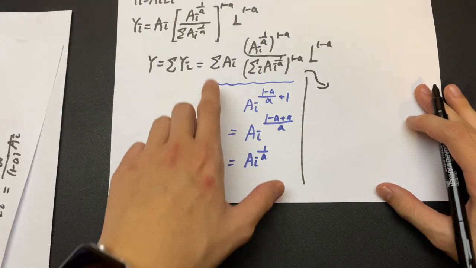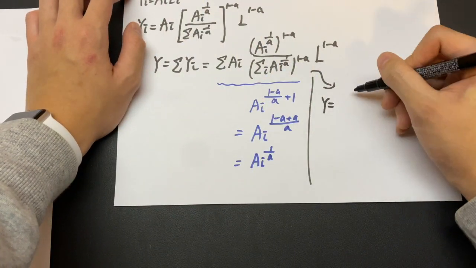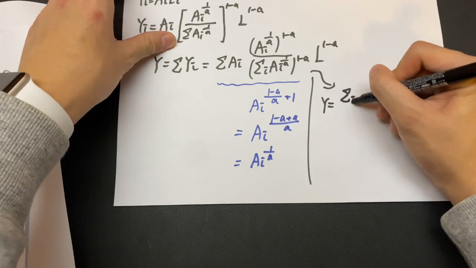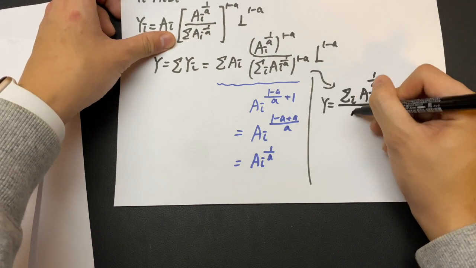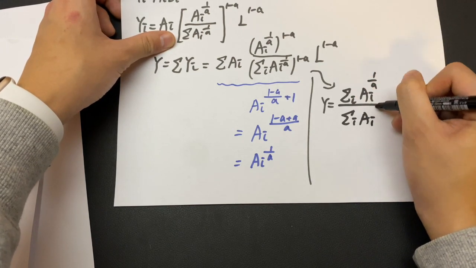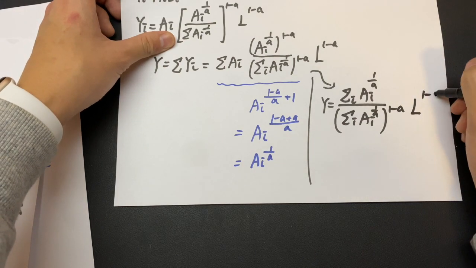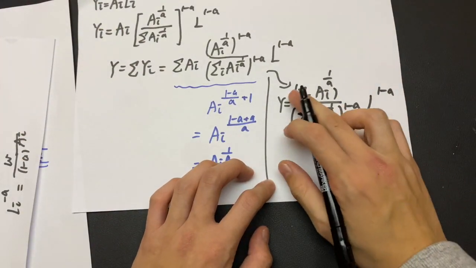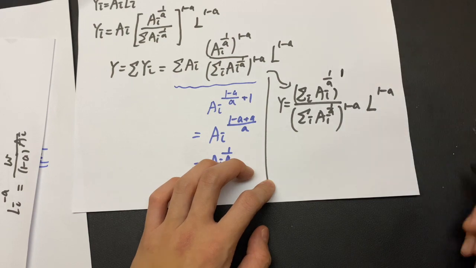Then this mess becomes the aggregate of divided by to the power 1 minus alpha, L to the 1 minus alpha. We can see that basically these two terms are identical, so its power is 1.